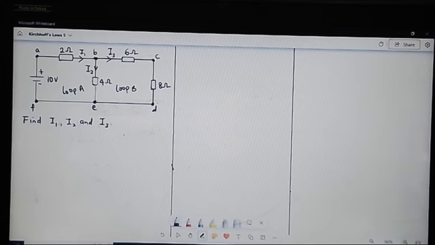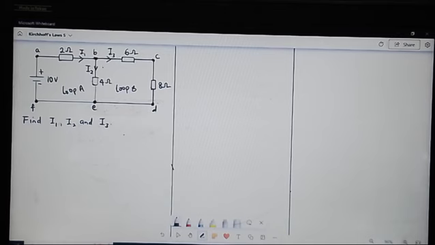On how we intend to find the currents I1, I2, and I3, the first thing to do is let us establish the points where we can apply Kirchhoff's current law. If we check this figure, at point B, we have some current entering and some leaving.